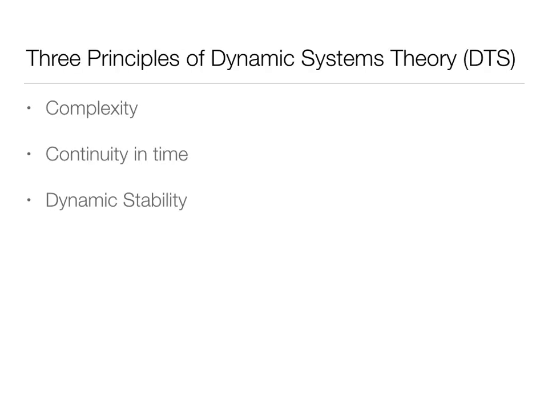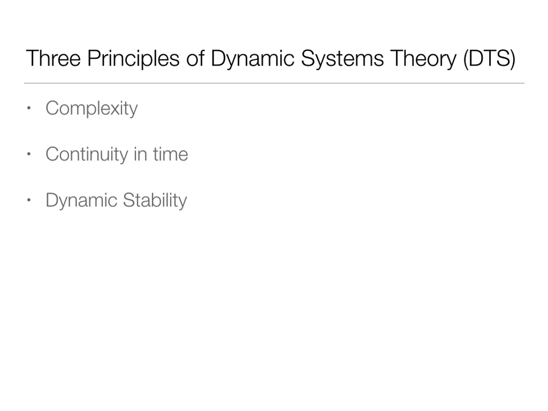So there's three main principles from dynamic systems theory. The idea that development is complex, the idea that there's continuity in time, and this is on all levels of the organism. So this could be on the cellular level, this could be on the cognitive level.